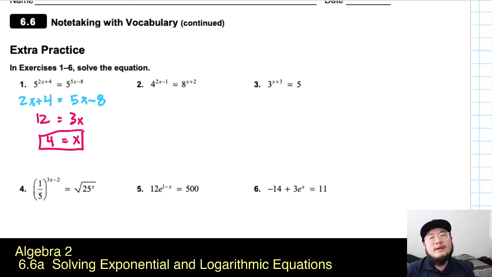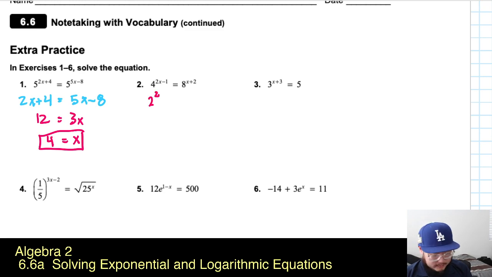Remember, we've done problems where we've manipulated the base and gave it an exponent. That's something we're going to have to do right here. The equivalent of 4 is going to be 2 to the second power. That equals 4.